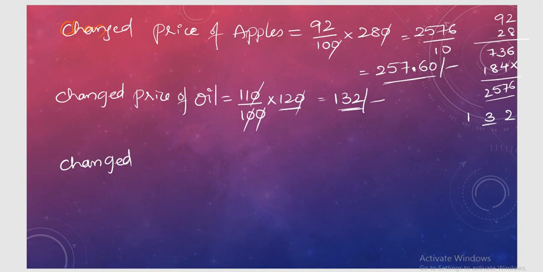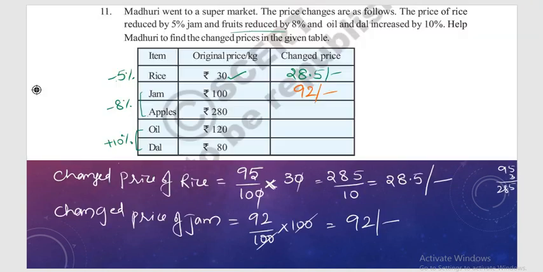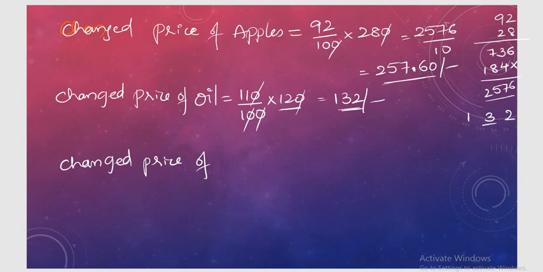Next, what is the next one? So next item is dal. Dal is 80 rupees originally, but it has increased by 10%. So changed price of dal is equal to, since it has increased by 10%, I can write it as 110 by 100 into 80 rupees. So 0 0 will get cancelled.